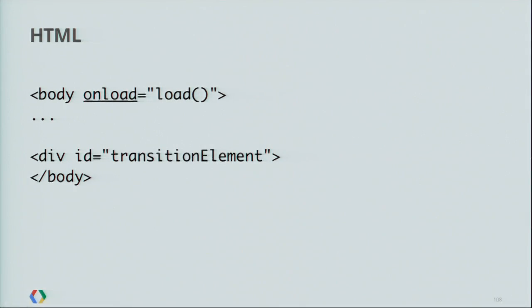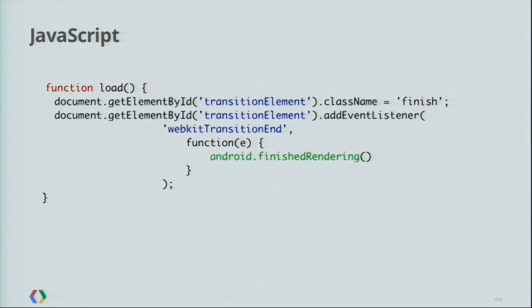You would have your content, and you would put your transition element, for example, at the end of the body, so you know that the rest has been loaded. And when things are loaded, you call load. That's a very simple example. If you have more complicated content with images or things like that, you may want to have a JavaScript handler on the onload event of those images. The load implementation basically says, when I'm loaded, set the class to finish, and add an event listener to that element.